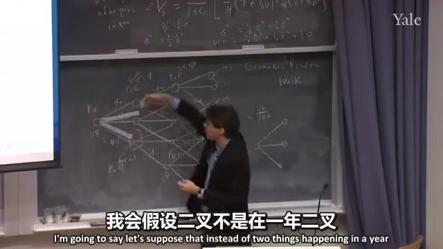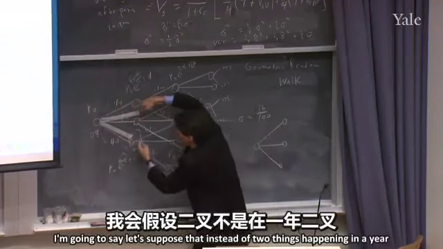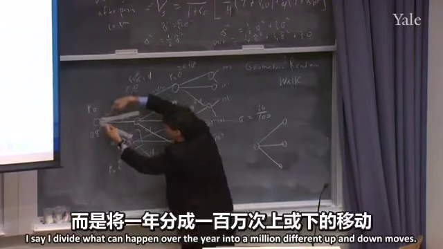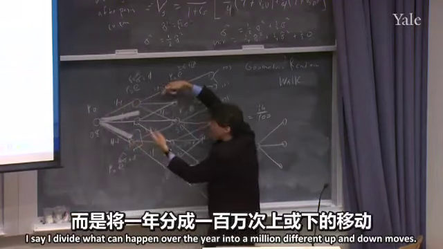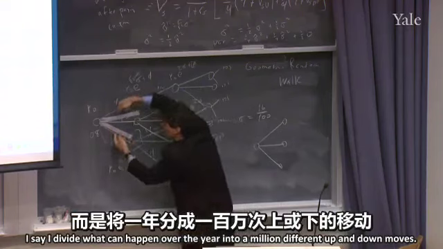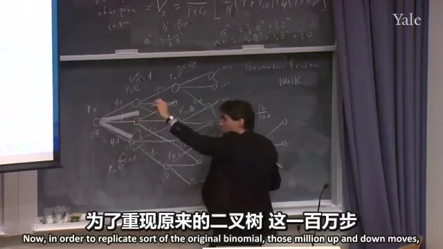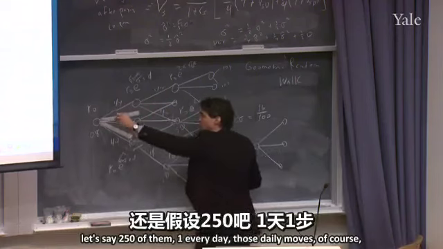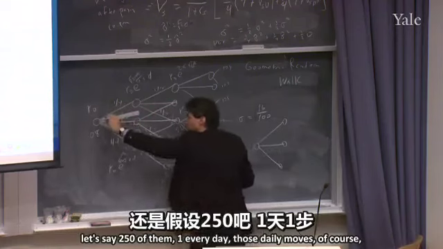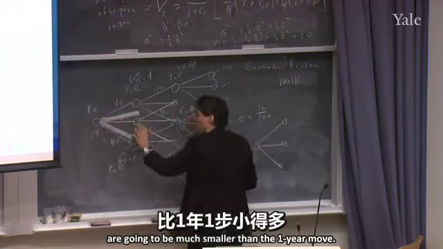I'm going to say, let's suppose that instead of 2 things happening in a year, I divide what can happen over the year into 1,000,000 different up and down moves. Now, in order to replicate the original binomial, those up and down moves, let's say 250 of them, one every day, those daily moves, of course, are going to be much smaller than the 1-year move.